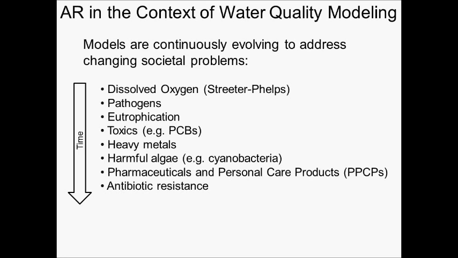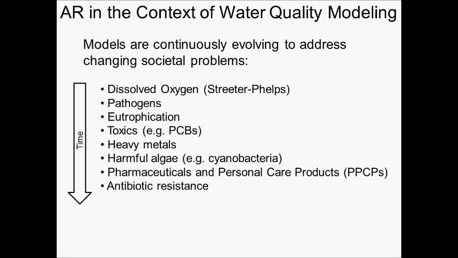One of the earliest problems that environmental engineers were faced with was the depletion of dissolved oxygen in a river due to a point source discharge of raw wastewater, and this prompted the development of the Streeter-Phelps model that you would probably be familiar with if you've taken environmental engineering undergraduate courses, also commonly referred to as the dissolved oxygen sag curve model, and that is often considered to be the first water quality model.